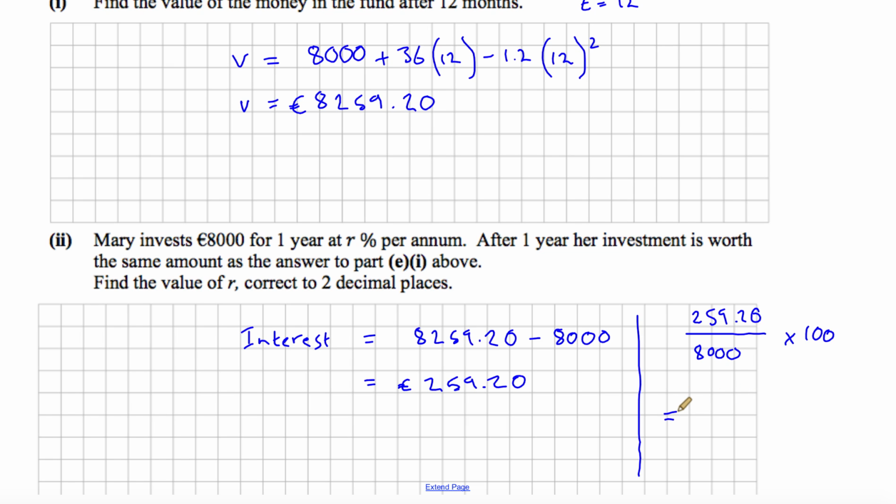So when we put all this in the calculator, 259.2 over 8,000 times 100, and that gives us 3.24%. So that's the interest rate. So this is the rate, and that was the interest in money. And that's the end of the question.